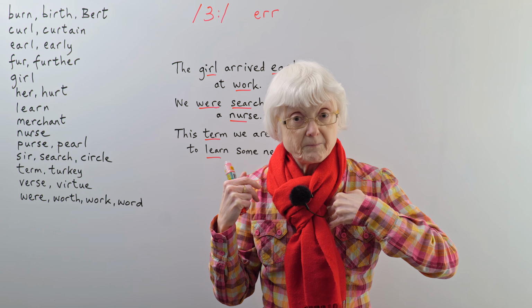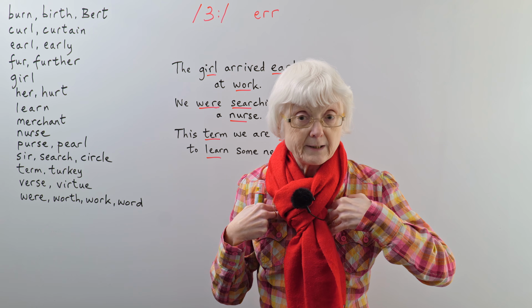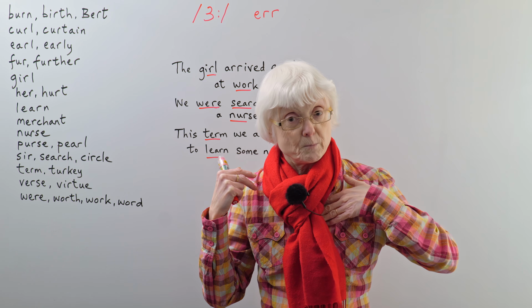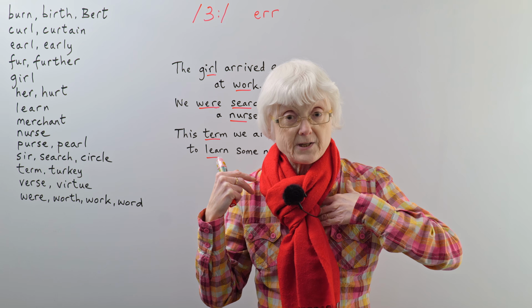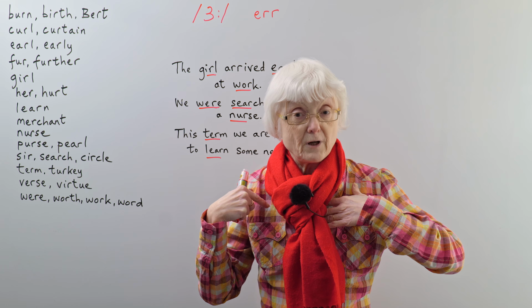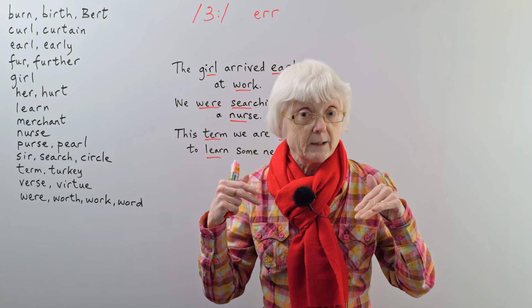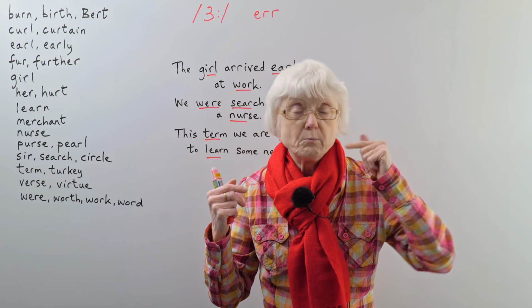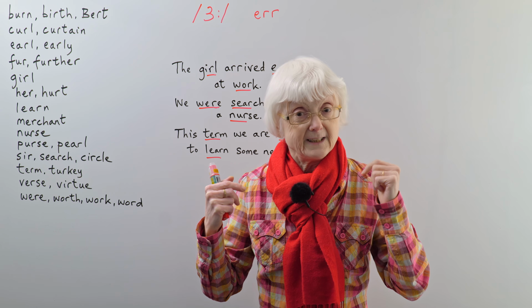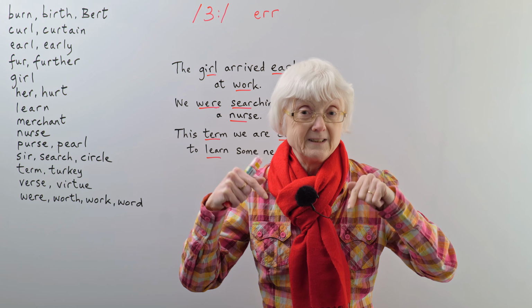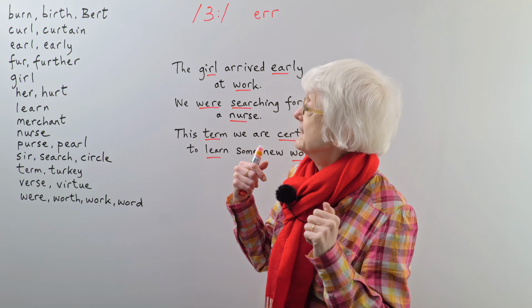You might feel your chest vibrating a little bit when you do it. If you put your hand on your upper chest here, you might feel some vibration. It's quite a deep sound, so it's not a sort of more high-pitched sound. It's best to pitch it lower like that, okay?